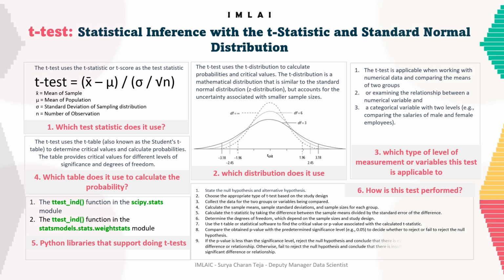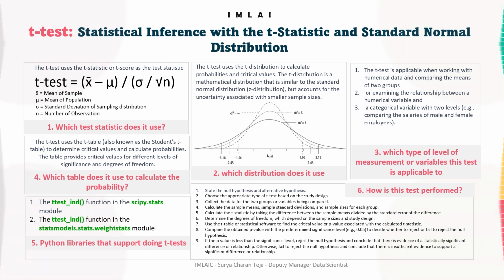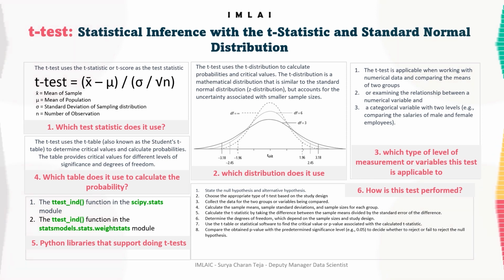And the last step: if the p-value is less than the significance level, reject the null hypothesis and conclude that there is evidence of a statistically significant difference or relationship. Otherwise, fail to reject the null hypothesis and conclude that there is insufficient evidence to support a significant difference or relationship.